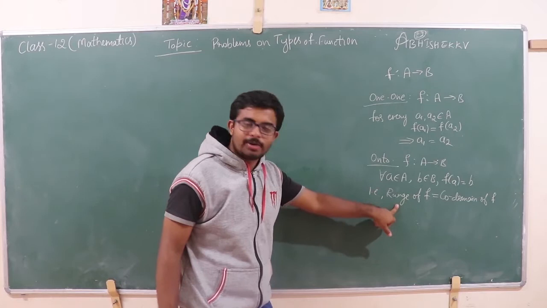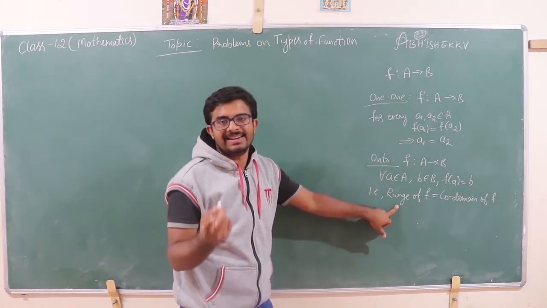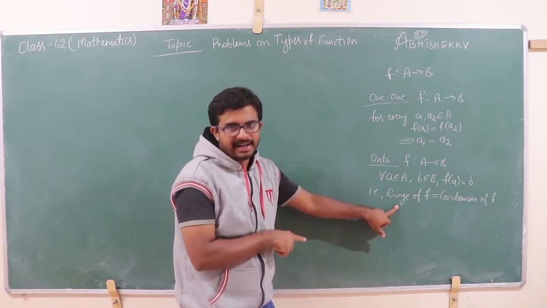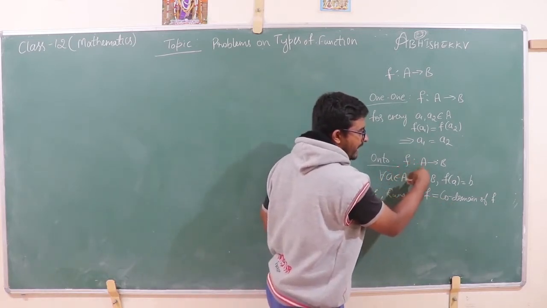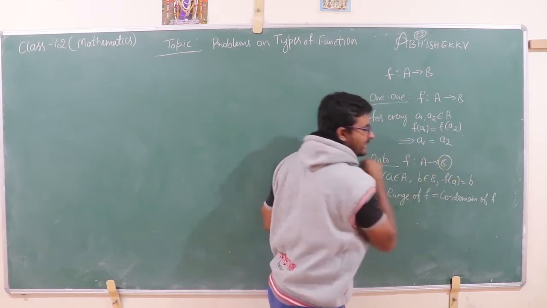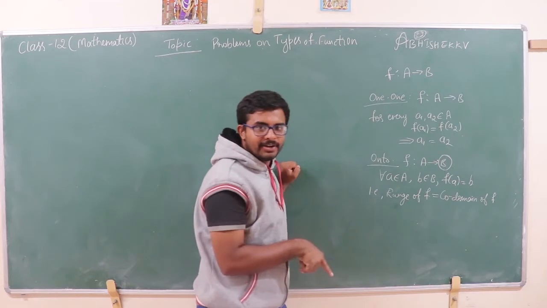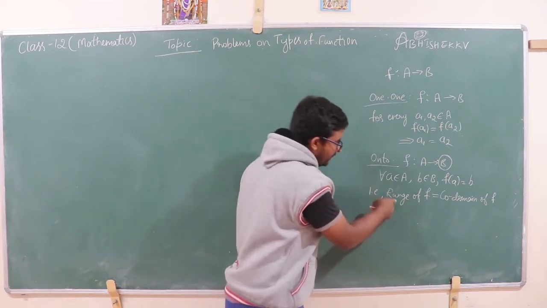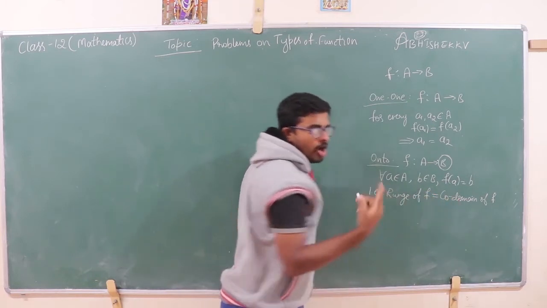I already discussed the range of the function. What is the range of a function? The set of all second elements in the ordered pairs is called the range of the function. And what is the codomain? If I consider the function f from A to B, this whole set B is nothing but the codomain. So to prove the given function is onto, we need to check whether the range of the function is equal or not equal to the codomain.